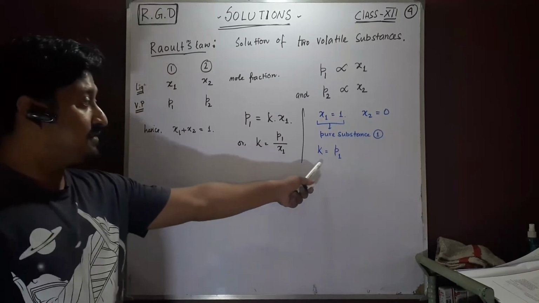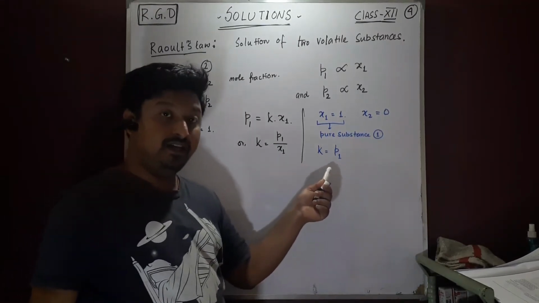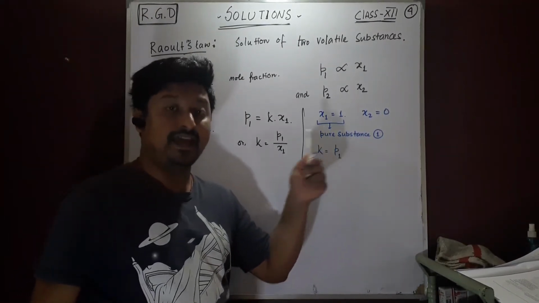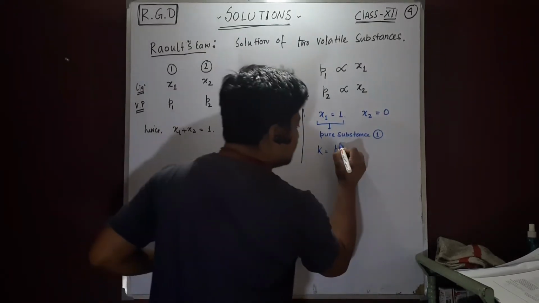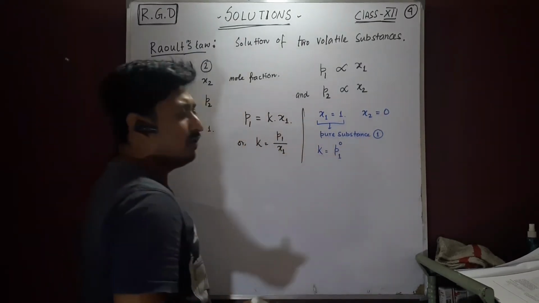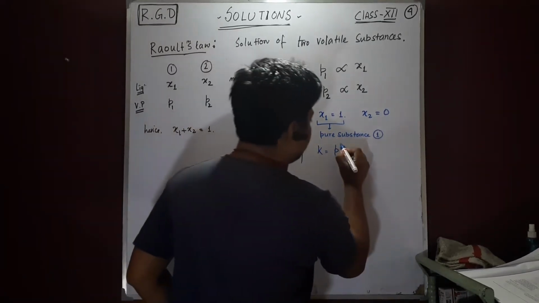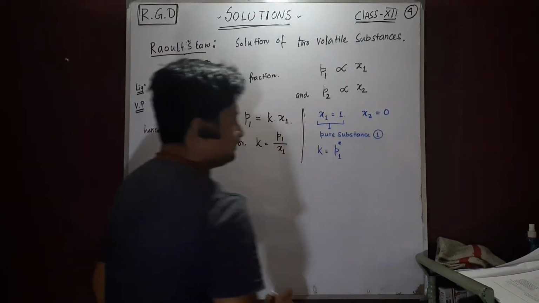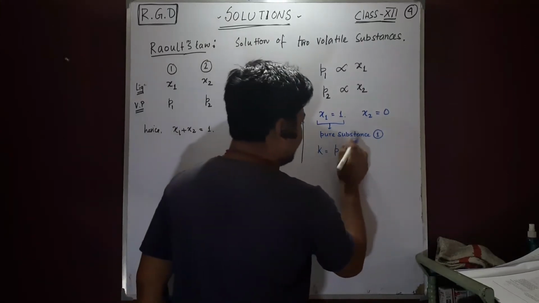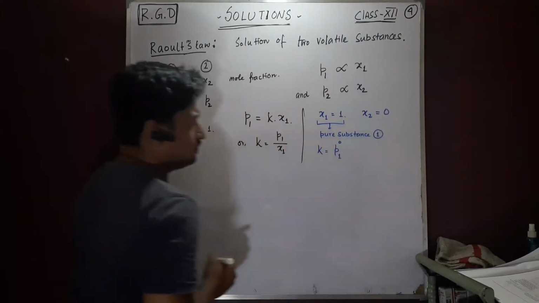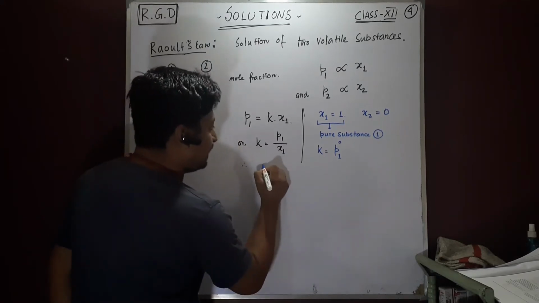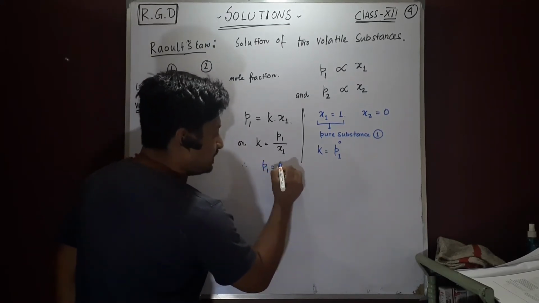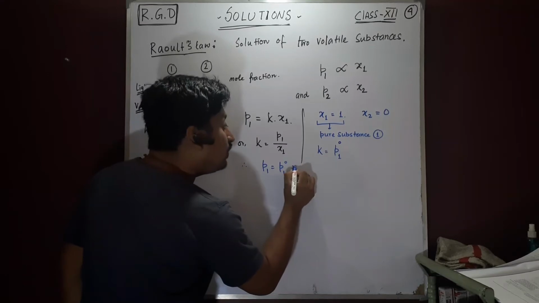Now, this is the vapor pressure given by the substance in its pure form. So I will write this K as P1 0, or you can see in many cases it can be written as P1 star also. So I will write it as P1 0. Clear? So if I put it here, then P1 is basically P10 into x1.